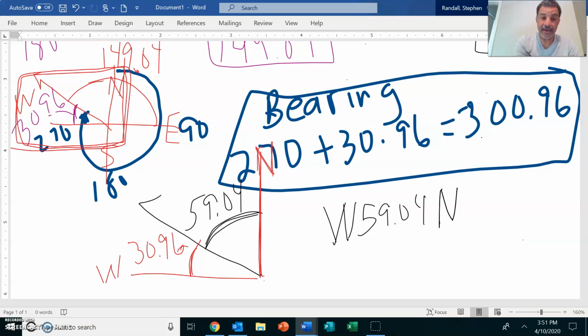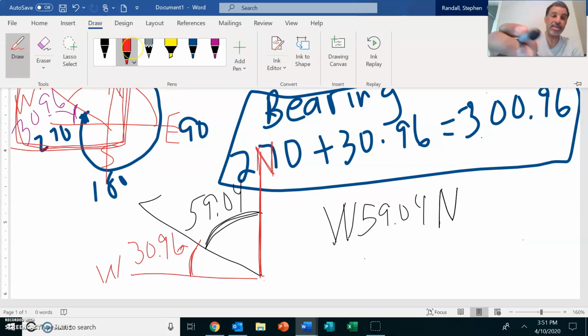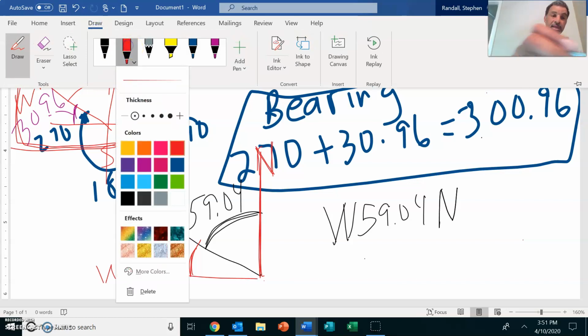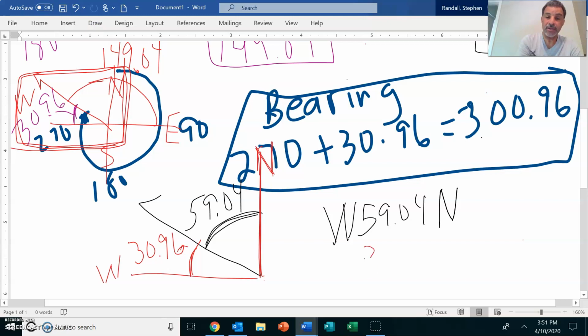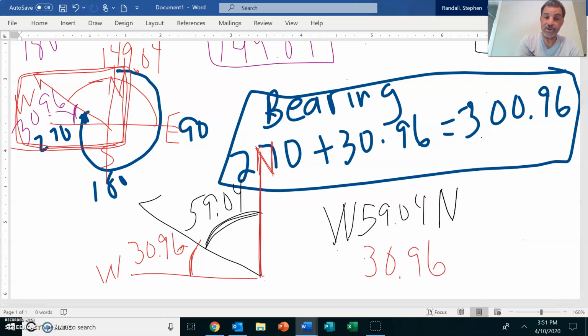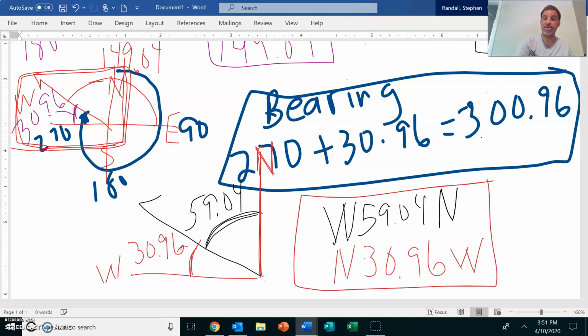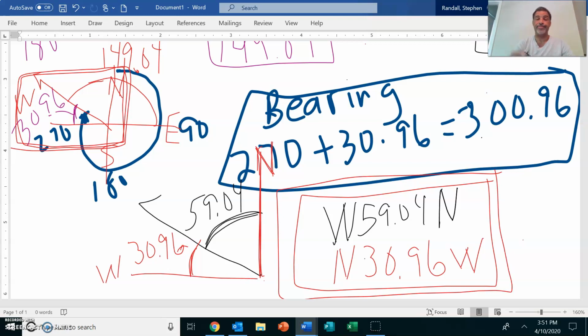If you have 30.96, that is going in the north direction, starting at west. So that's 30.96 degrees north of west, or 59.04 degrees west of north. So those are our map bearings. Well, this is what we did last week. Okay?